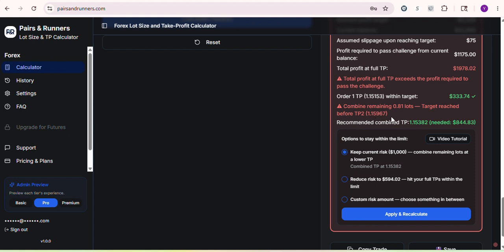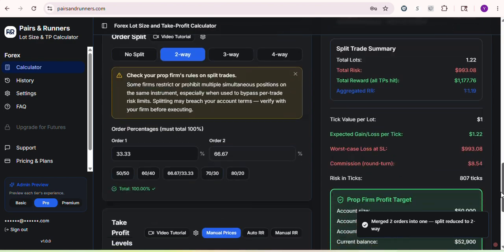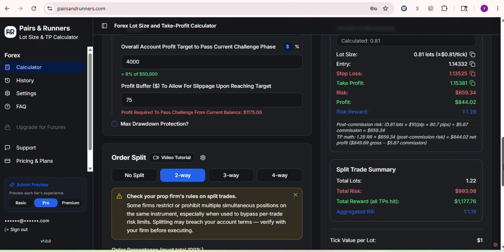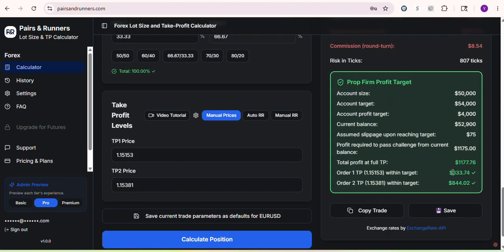It'll tell us that we can combine TP2 and TP3, or I should say order number 2 and order number 3, into one trade, at a specific TP level that will get us to the profit target. So let's do that. And now we are compliant. And we've only got 2 orders instead of 3. And we'll close out at $2 over our target, including the buffer.